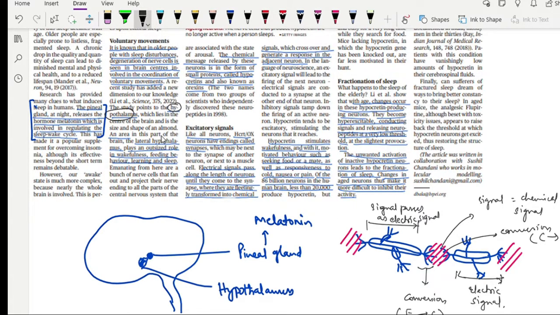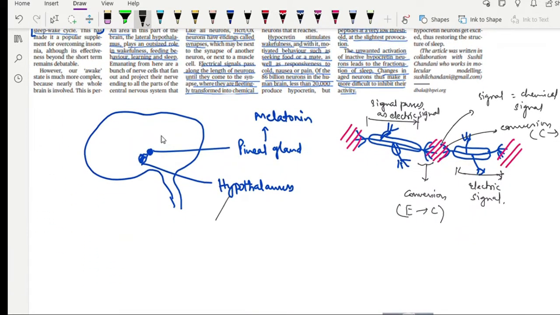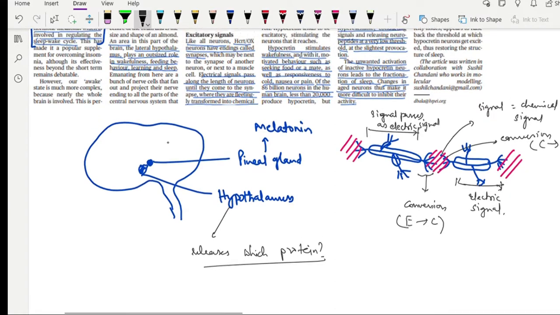Emerging from here are a bunch of nerve cells that fan out and project their nerve endings to all parts of the central nervous system and are associated with the state of arousal. The chemical message released by these neurons is in the form of small proteins called hypocretins, also known as orexins. So the hypothalamus releases which protein? Look here, read again with me.